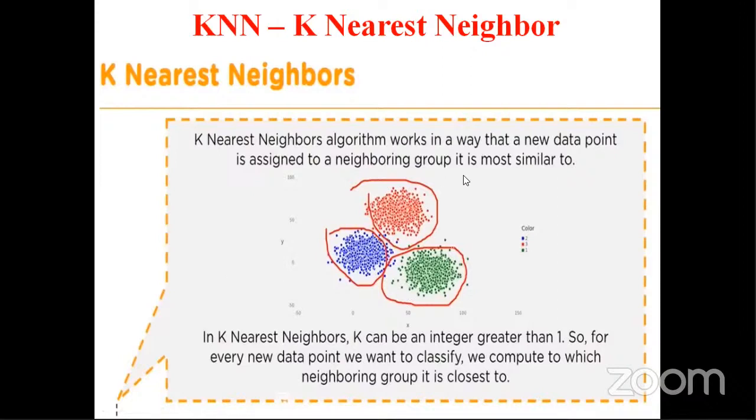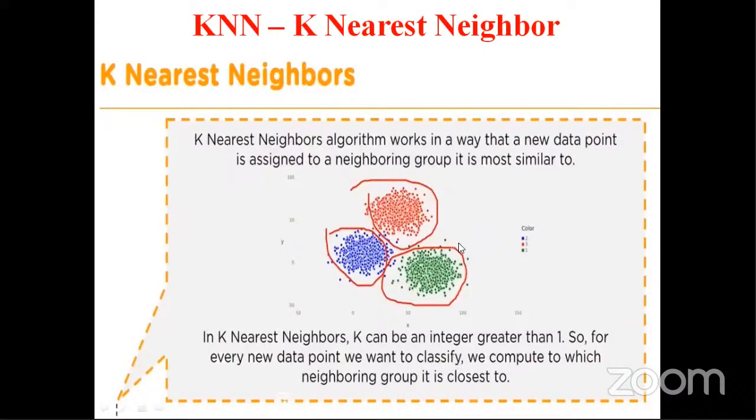Now we'll see, the training has been done for the KNN, and if you want to give your new data to test and classify whether it belongs to the red type, blue type or green type, then how does the KNN, K nearest neighbor algorithm work? A new data point, the new data which I pass for testing to the algorithm, is assigned to a neighboring group. So this is the group, right?